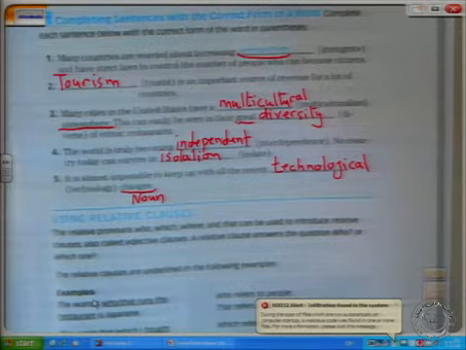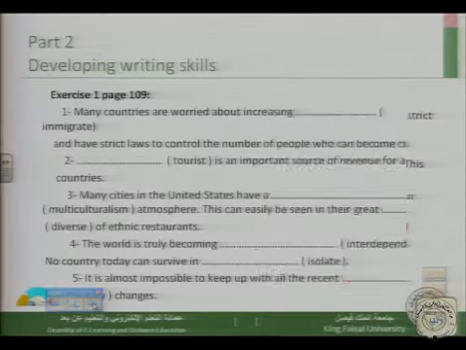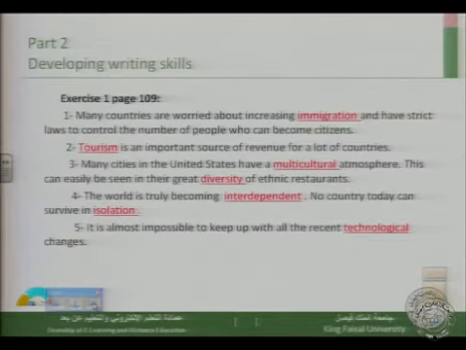Exercise 1, page 109. You have the answers written to you in the slides. Number 1, many countries are worried about increasing immigration and have strict laws to control the number of people who can become citizens. Number 2, tourism is an important source of revenue for a lot of countries. 3, many cities in the United States have a multicultural atmosphere.